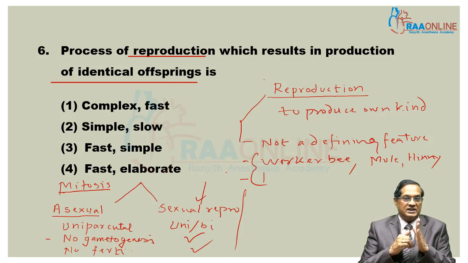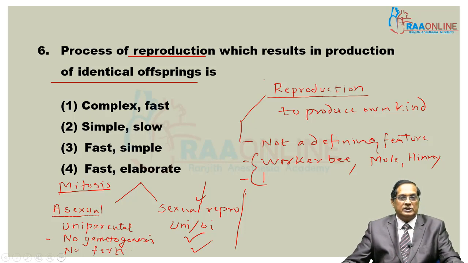Then asexual reproduction is a faster and simpler mode. Sexual reproduction is a complex and slower mode. So here the answer is now clear: identical progeny, identical offsprings. Better word is progeny.